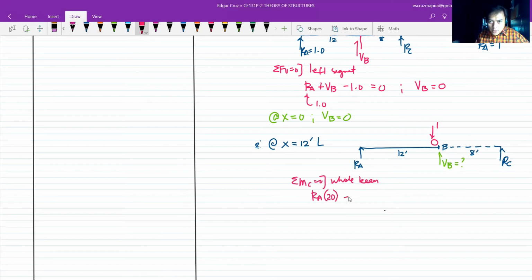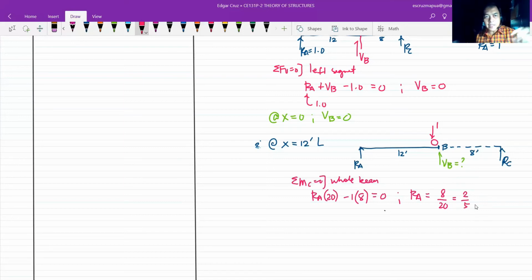Tapos minus 1 times 8. Tama ba? Equals 0. So therefore, we could say RA is just equal to 8 over 20, or that is 4 over 10, or 2 over 5. 2 over 5.